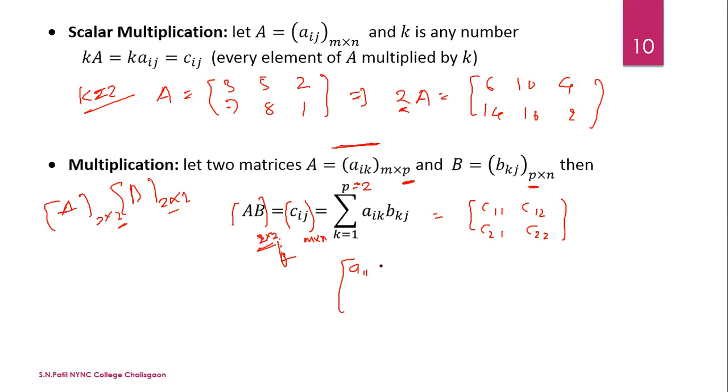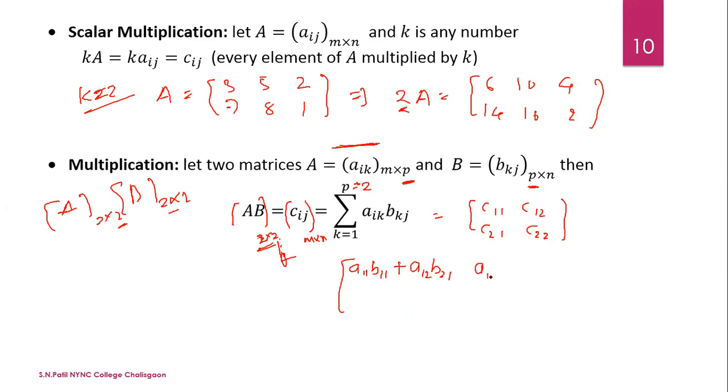A1 1 into B1 1 first. Now A1 2, second iteration, into B2 1. Now here the first position is 1, and the second position, the position for the J, is 2.